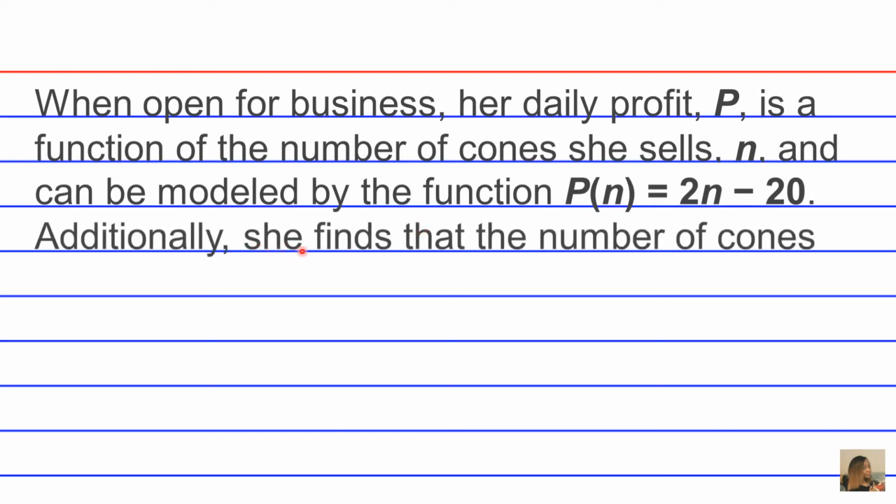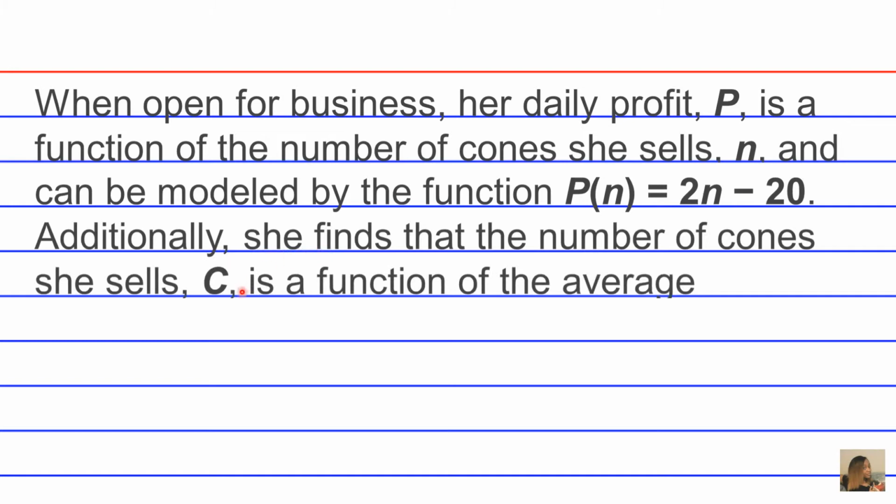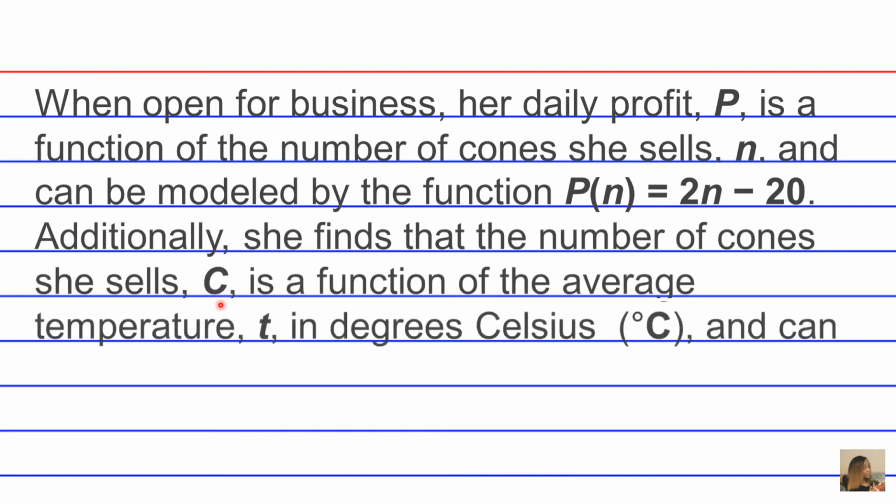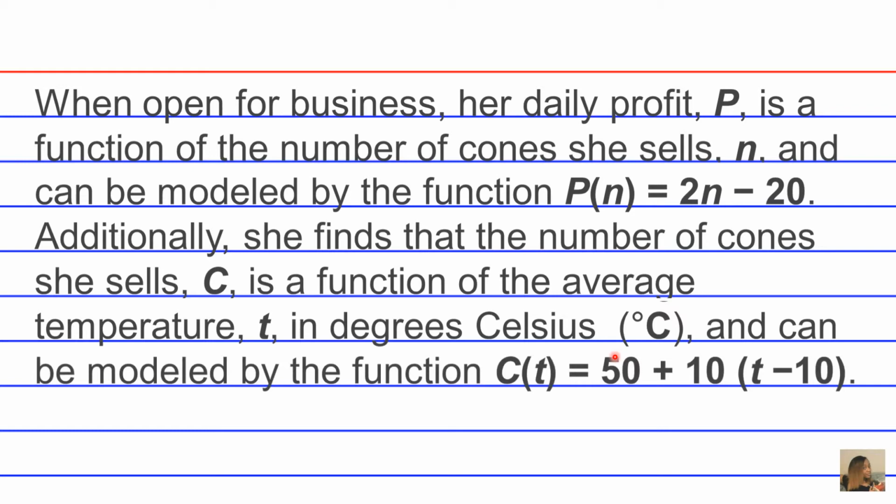Additionally, she finds that the number of cones she sells C is a function of the average temperature T in degrees Celsius and can be modeled by the function C(T) = 50 + 10(T - 10).